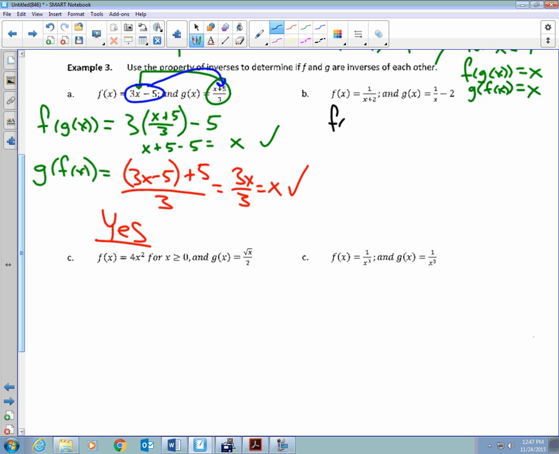B, f of g of x. Take that and plug it in for x right there. 1 over the quantity 1 over x minus 2 plus 2. What happens? And I get 1 over 1 over x. Oh no, how do I do 1 over 1 over x? Multiply by the reciprocal, and I will get x.